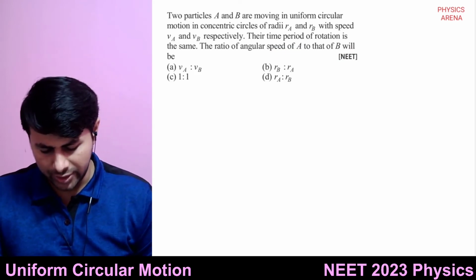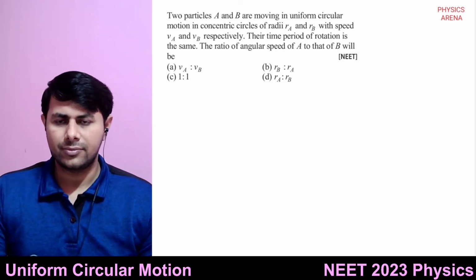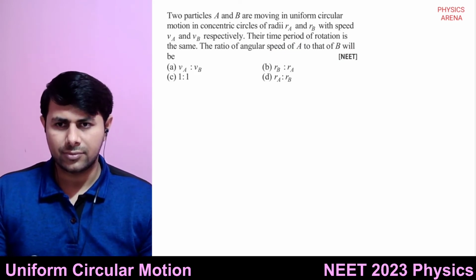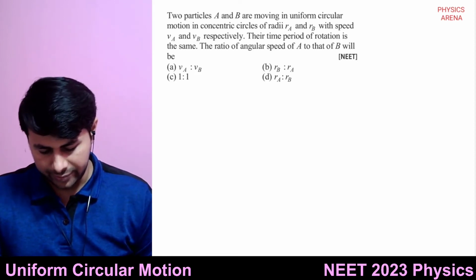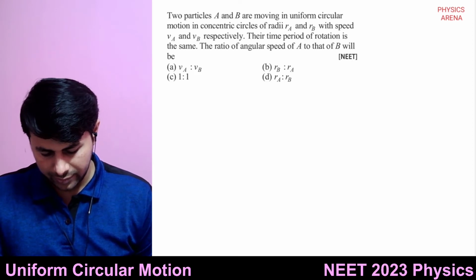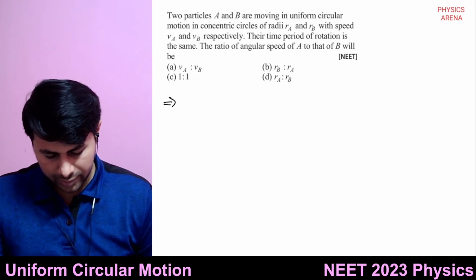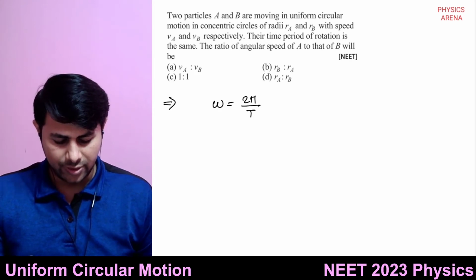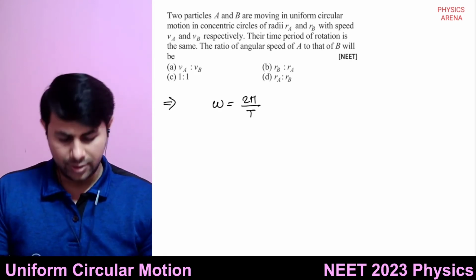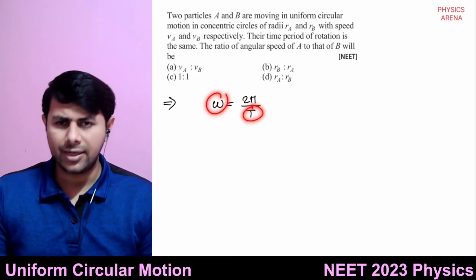So how do we solve it? T is equal to 2 pi by omega. So omega is equal to 2 pi upon T. So if T is equal, can I say omega will be equal?